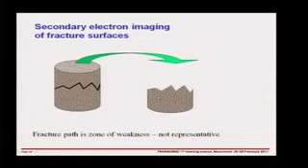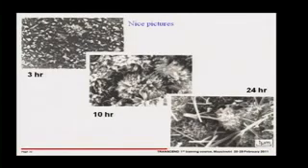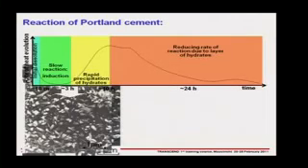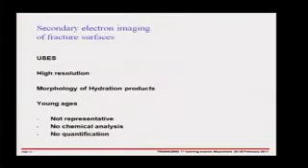So that's great, but it's not very representative because you've got a fracture zone. At early ages, you can see these nice products growing from the surface. But after you get to a few days, as I'll show you later, everything looks the same. So the main use of this is that it can give you quite a high resolution. It can show you the morphology of the hydration products.